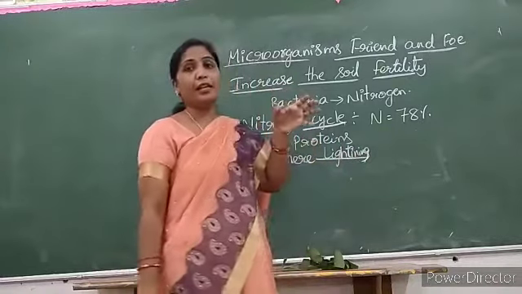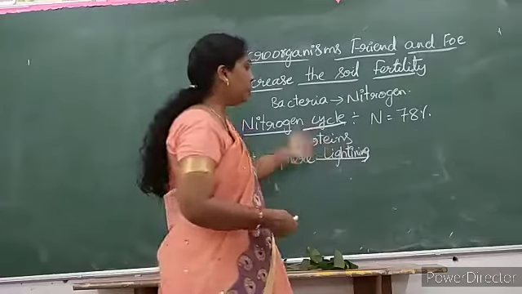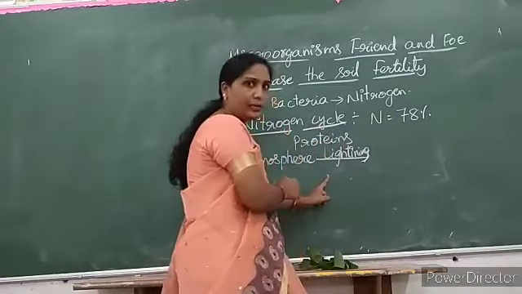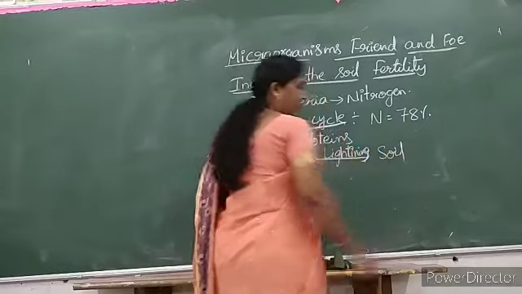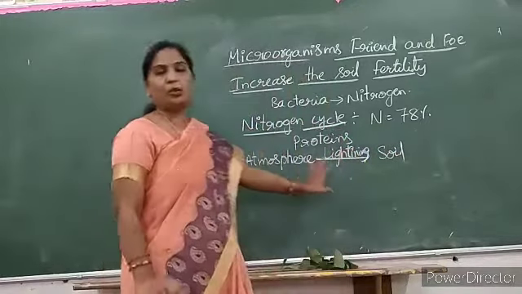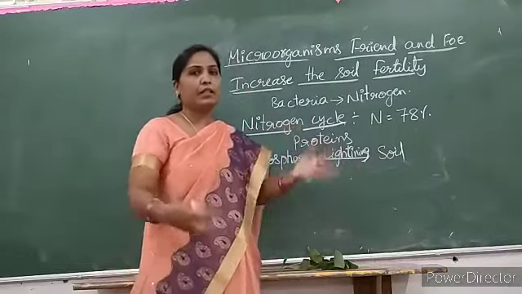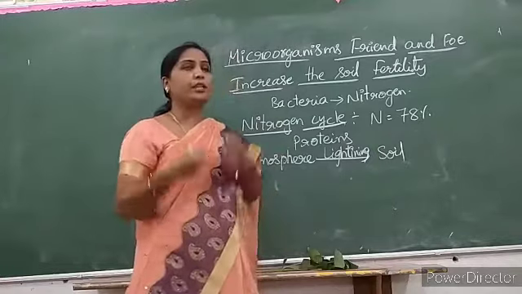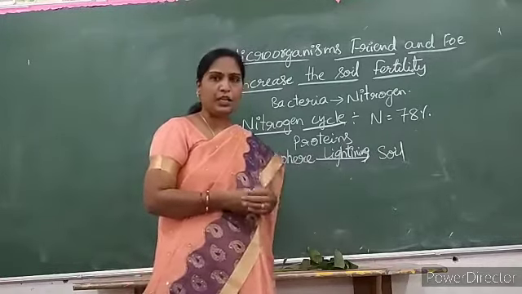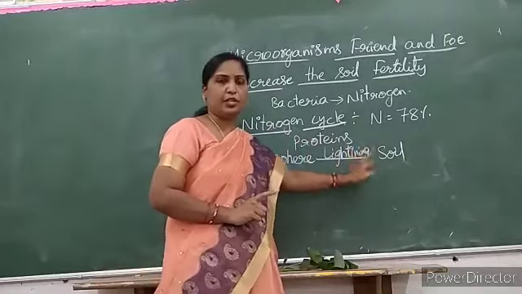Before raining, at thundering time, through this lightning the atmospheric nitrogen can get fixed in the soil. That is one way. Here no microbes, nothing. It's a physical process. When lightning comes, through that process the atmospheric nitrogen can transfer into the soil. That is one way for fixation of nitrogen in the soil.